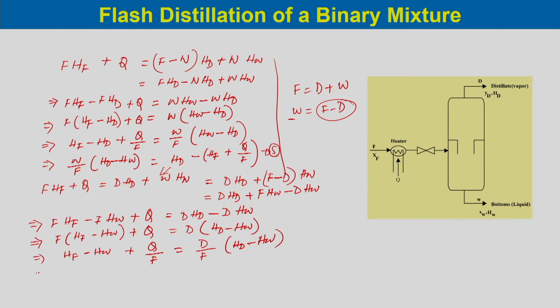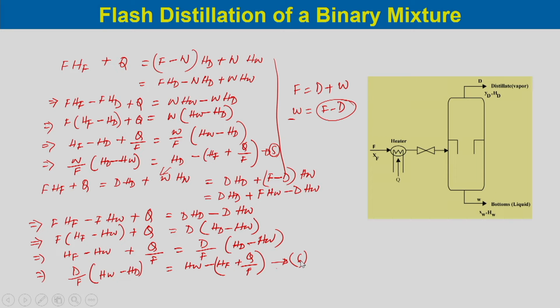So, from here we can write D by F into HW minus HD would be equal to HW minus HF plus Q by F. Say this is equation 6.